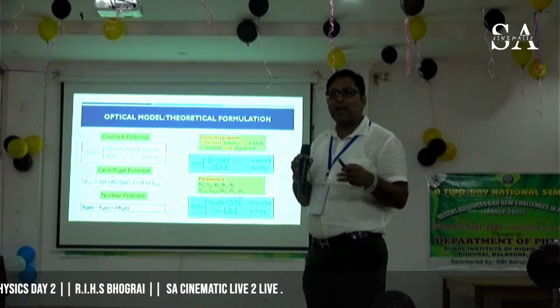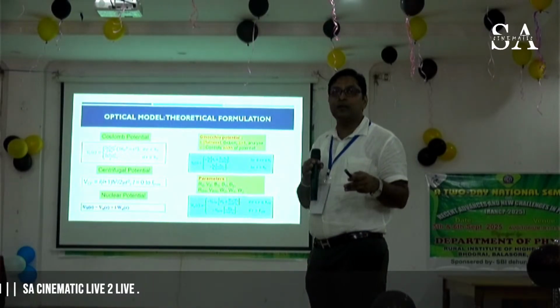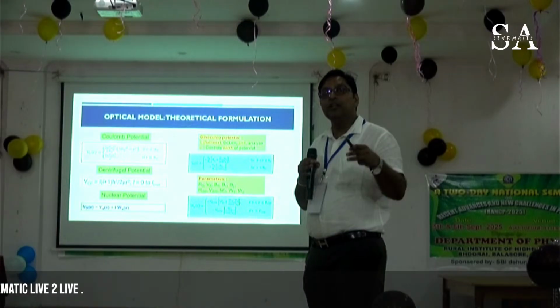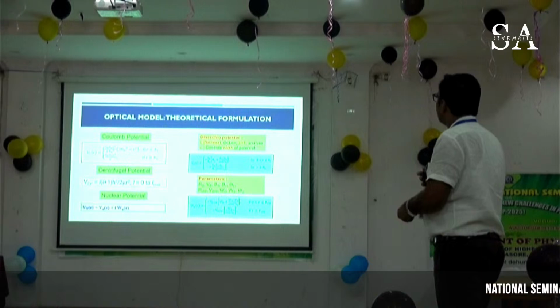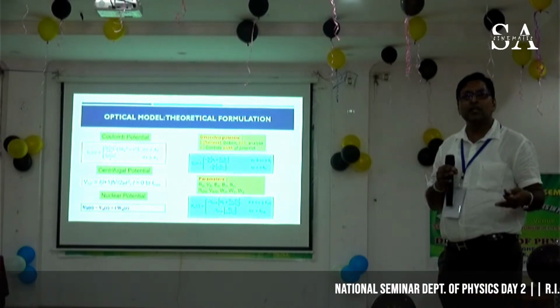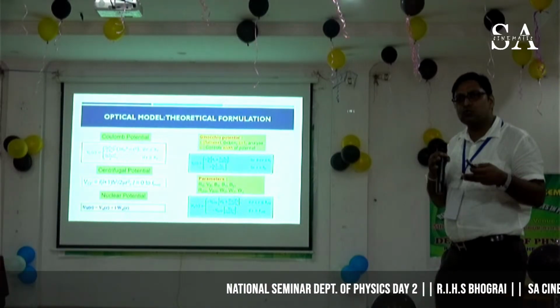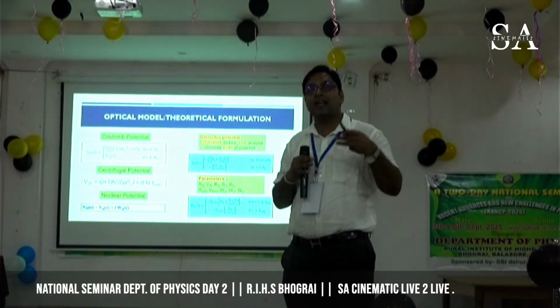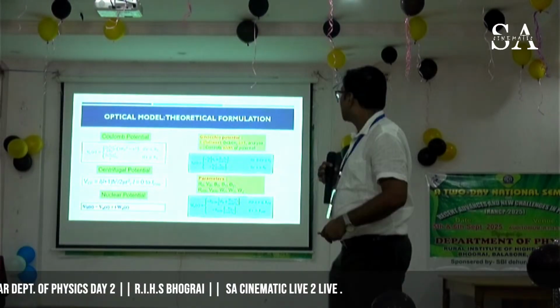It has two parameters, mu and lambda. And by considering some specific parameters, we have modified the nuclear potential into this form. There are various parameters because the nucleus is a complex one and the potential interaction is also complex. So definitely the potential depends upon many parameters, which can take care of many forms of this potential.